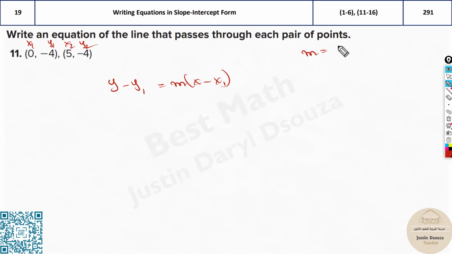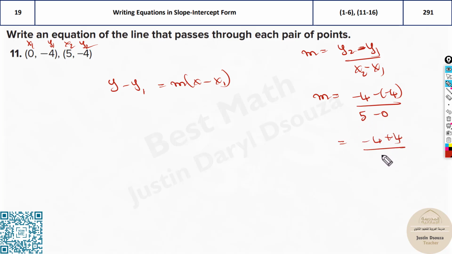So first let us use the m formula, that is m equals y2 minus y1 by x2 minus x1, and then solve the other formula. So here, what is y2? y2 is minus 4 and y1 is minus of minus 4, divided by, what is x2? 5 minus 0. So here minus 4 plus 4 divided by 5. It's 0. Why? Because 0 divided by anything is 0.